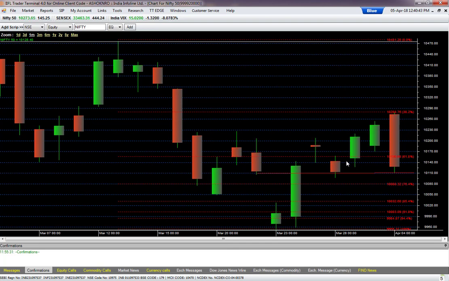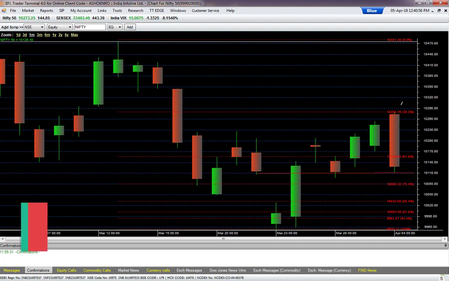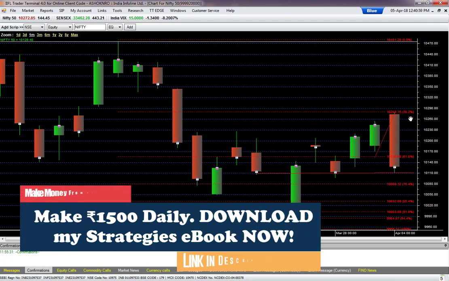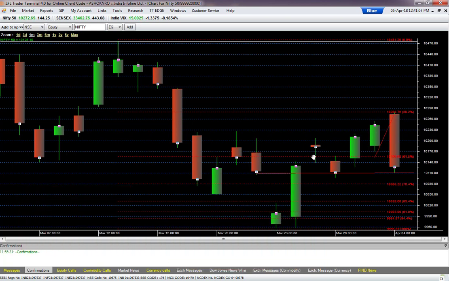And how do you trade with it? Very simple. When it actually scales the 61.8% level, the first target you can take is up to 38.2%. And what is the stop loss you have to keep? The stop loss you have to keep is the difference between 61.8% and 76.4%.